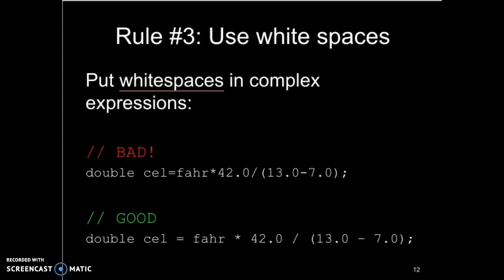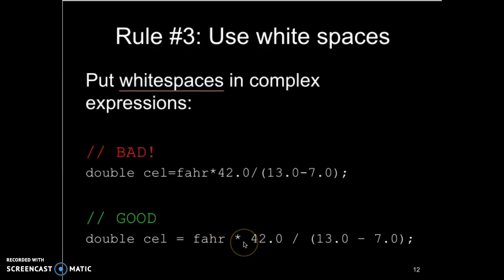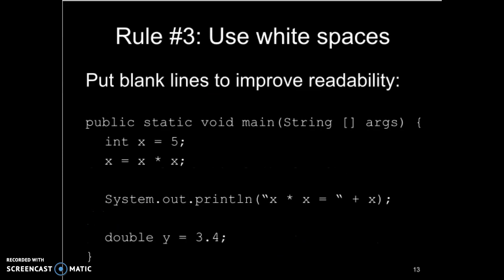All right, next rule, white space. When you have big calculations, lots of operations, put spaces between them. This is a little bit harder to see than with the spaces in between. So use white space in calculations between operators and the equal sign, and also between chunks of code.